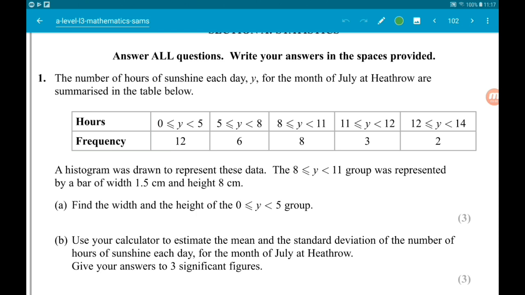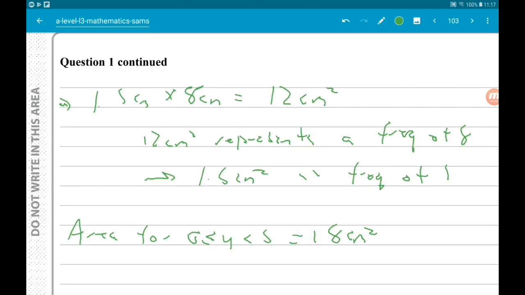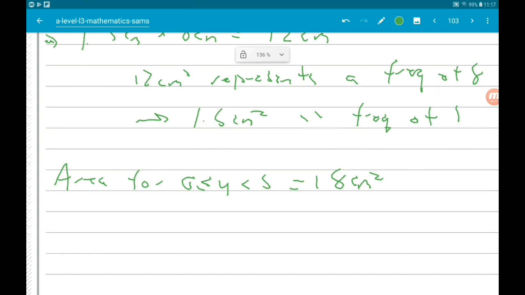Every 1 then is 0.5 centimeters, so the width of 0 to 5 is 5 times 0.5, which is 2.5 centimeters.